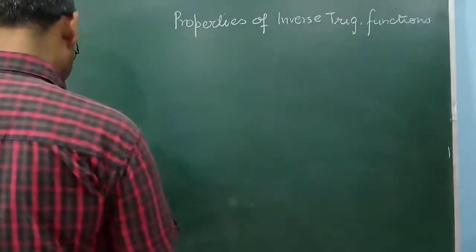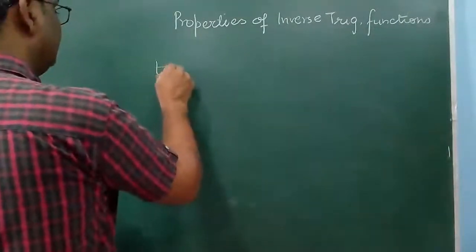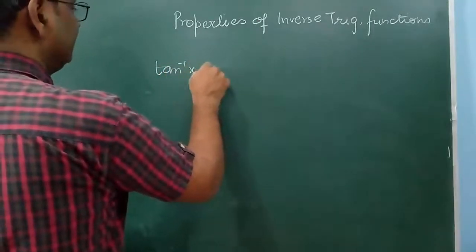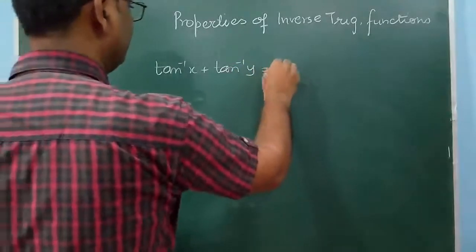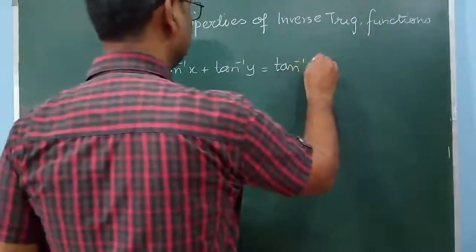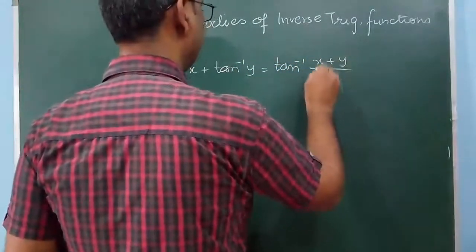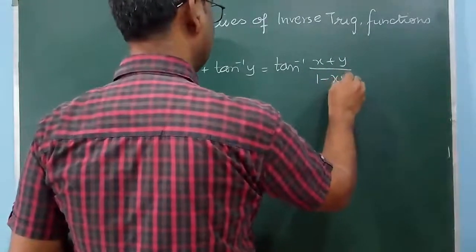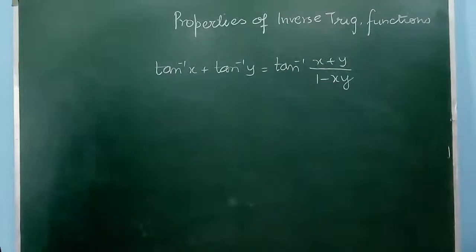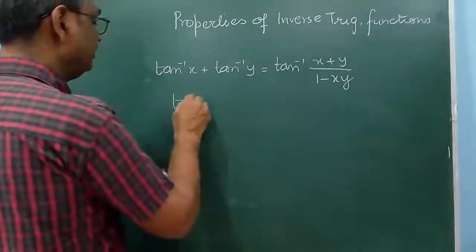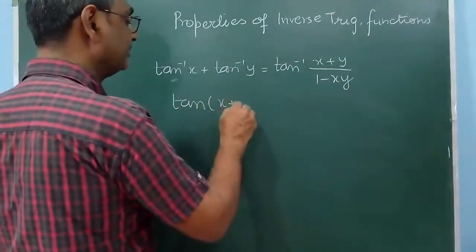Next formula is tan inverse x plus tan inverse y equal to how much? Tan inverse of x plus y upon 1 minus xy. How to remember it? We know the formula for tan of x plus y.